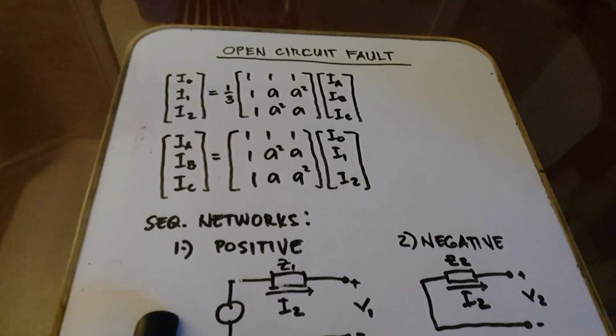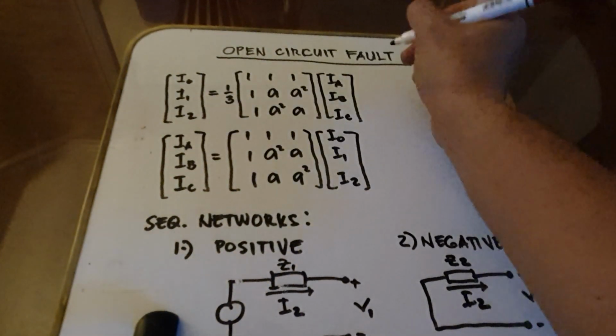So for the open circuit fault, there are two types: the one line open and the two lines open.